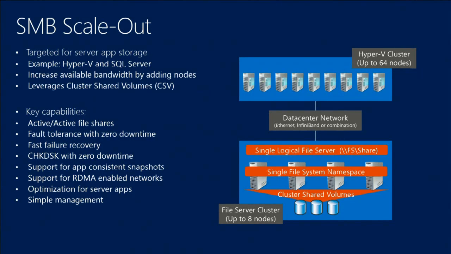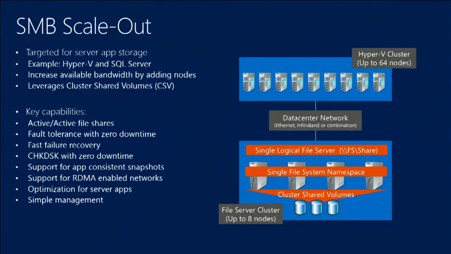With 2012, with the introduction of what we call SMB scale-out, we now have the notion of multiple nodes in a cluster that all are active, meaning that if you have a single file share on that cluster, it will show up in every node. And as I was describing before, if you have 100 Hyper-V hosts hitting that cluster, they will hit different nodes of the cluster.